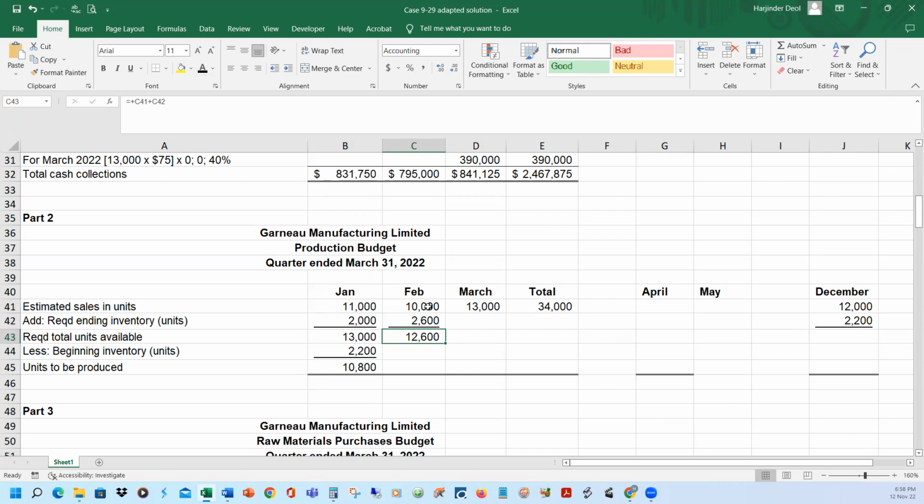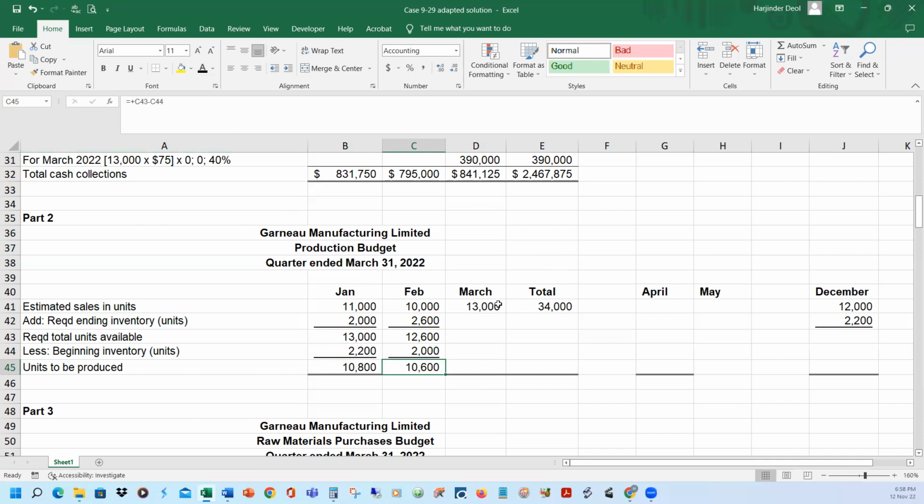Since we would have begun the month of February with 2,000 units on hand, the 2,000 units is really the ending inventory coming down from January. The 2,000 units already on hand means we only need to produce the difference, 10,600.